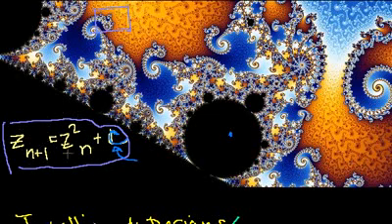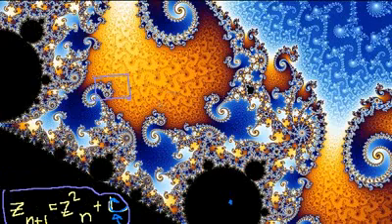It turns out that some numbers don't go to infinity, and those numbers are in black. They're considered part of the Mandelbrot set. And the numbers that do go to infinity, as you iterate on this formula, you color based on how fast it goes to infinity. And it creates this infinitely beautiful and complex pattern.